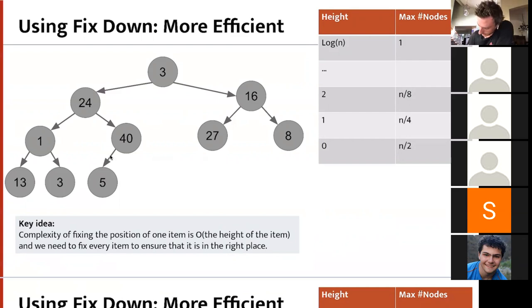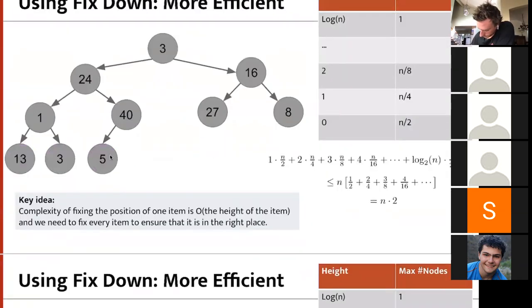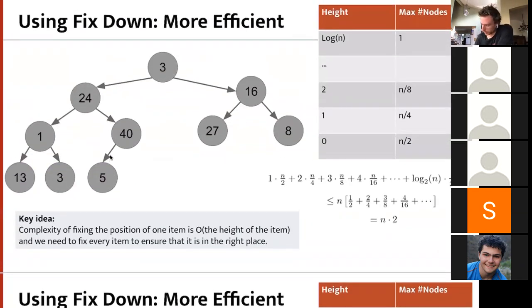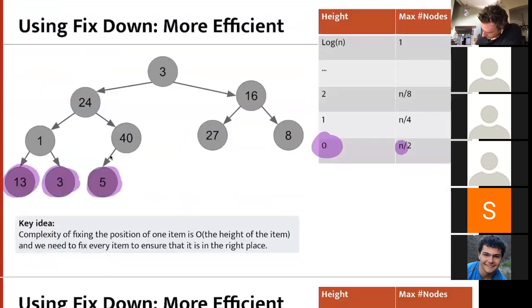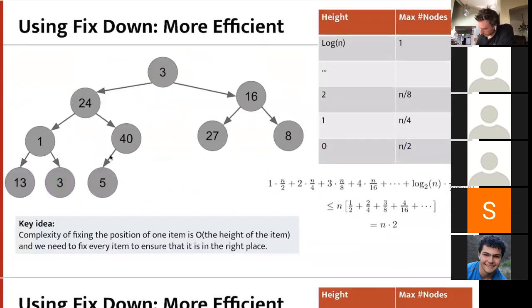And at height 0, or height 1, whatever you want to call these nodes, we have n over 2. And so that summation comes out. Oops, sorry. And we get this term as the final term.